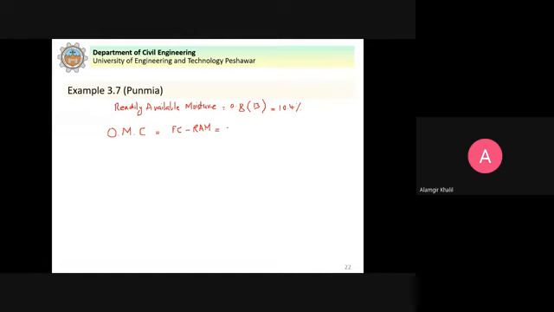So this will be equal to 27 minus 10.4. This is 16.6%.